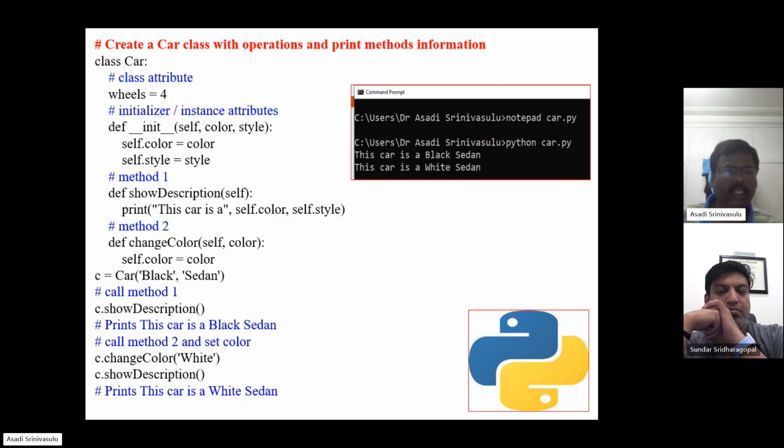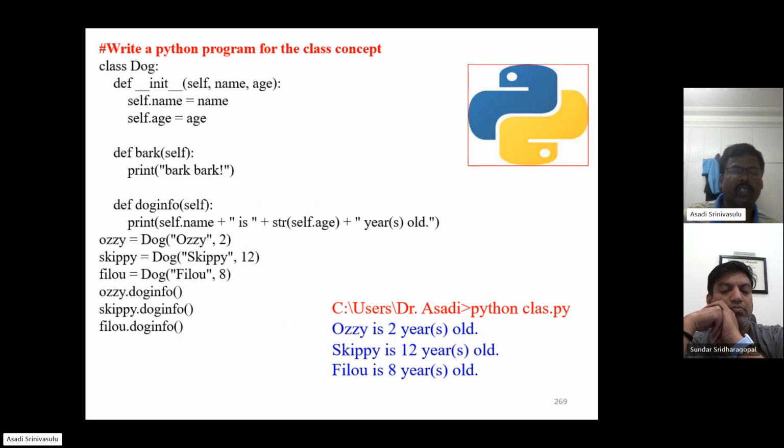Method 2 is change color: it will print the car is a white sedan. For that, I'm declaring C equal to Car of black comma sedan, assigning the values. Then I'm invoking method 1, C dot show description, C dot change color, C dot show description. That is why we get the output: this car is a black sedan, this car is a white sedan, using the class concept.